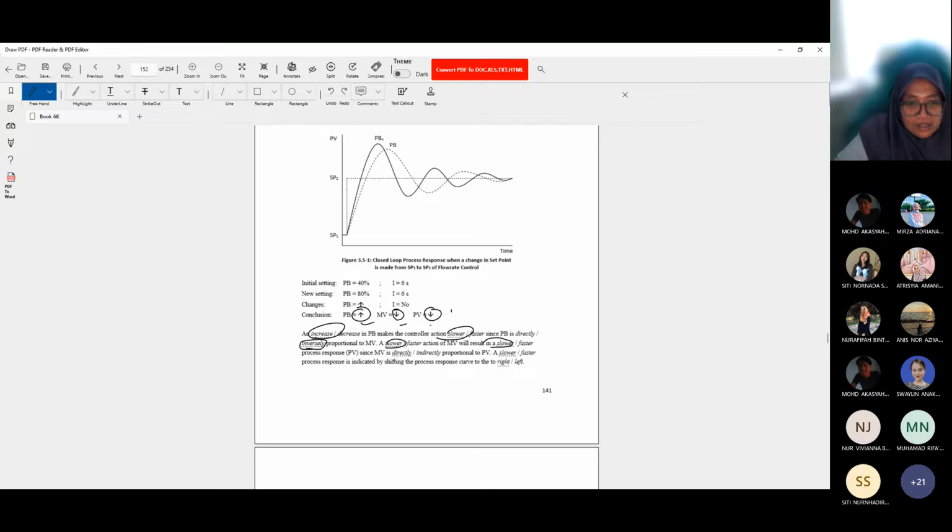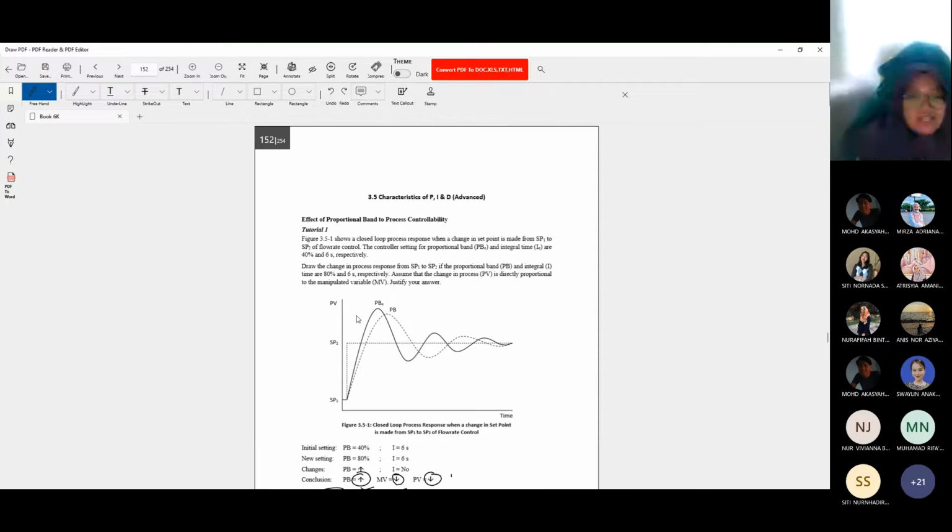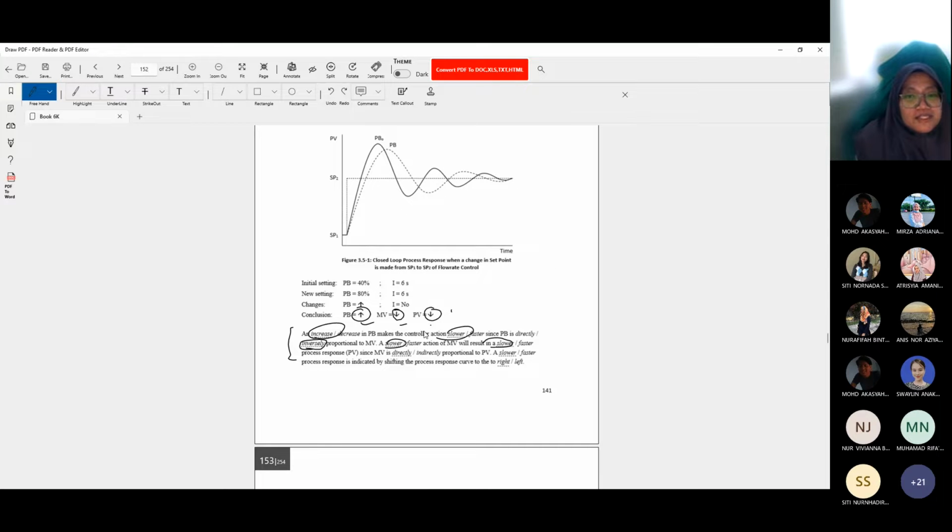So basically dekat bahagian ini kita just nak explain je kenapa dapat PB tu when increase PB kenapa PV tu decrease. So you can use this statement lah kalau you nak buat conclusion ataupun discussion on effect of PB toward PV.